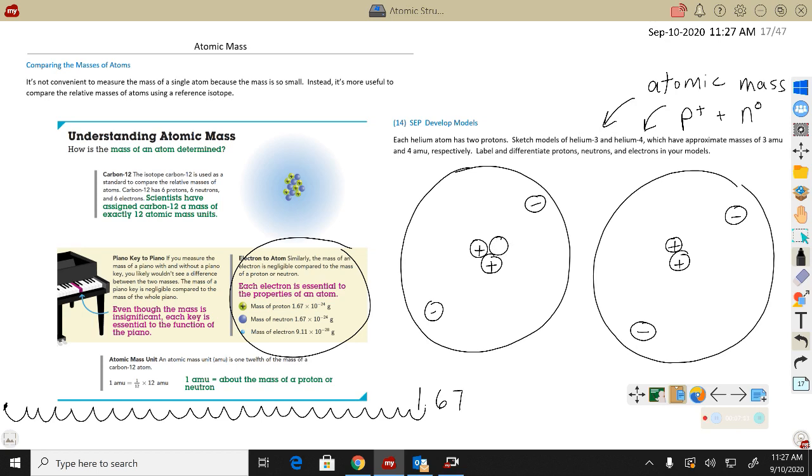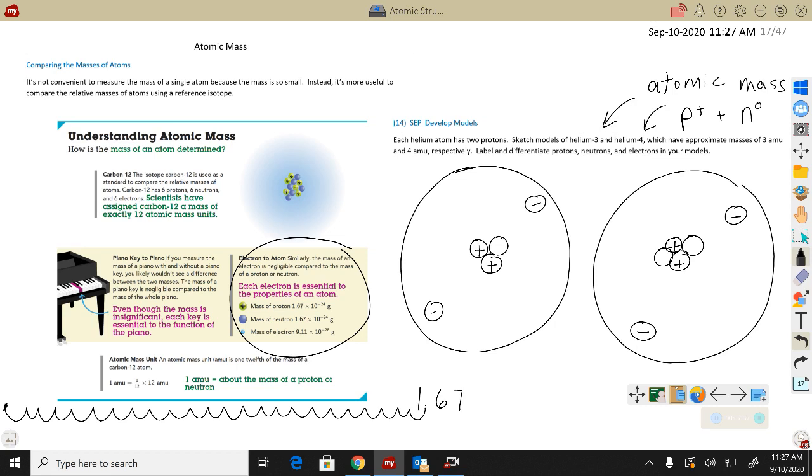And maybe I just won't put a charge in it. So my nucleus should add up to 3 amu. And that's a combination of the 2 protons, and there must be 1 neutron. But then helium-4 has to have a mass of 4 amu. There's already 2 protons in the nucleus, so I'm going to give it 2 neutral neutrons. Mass of the nucleus is 4 amu.